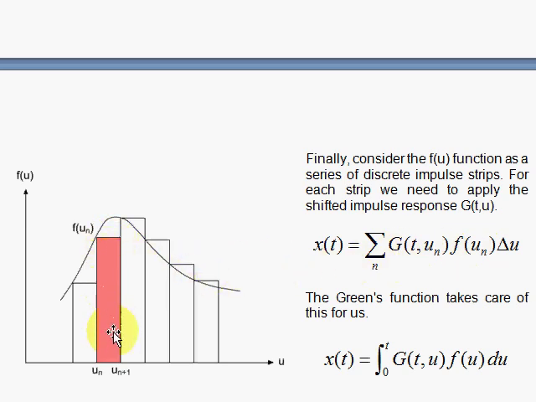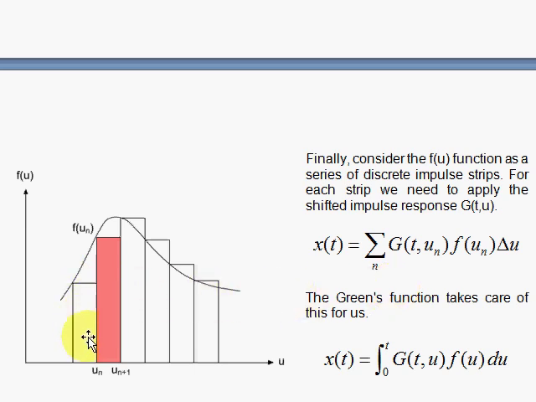Each little strip here can be thought of as an impulse, and then the Green's function kicks in. And the Green's function has to be time shifted because you're doing a series of these. If you just do one, like the Dirac delta function, bam, you're done, then you would just simply have the g of t comma 0. And that would be your basic Green's function, the impulse response.